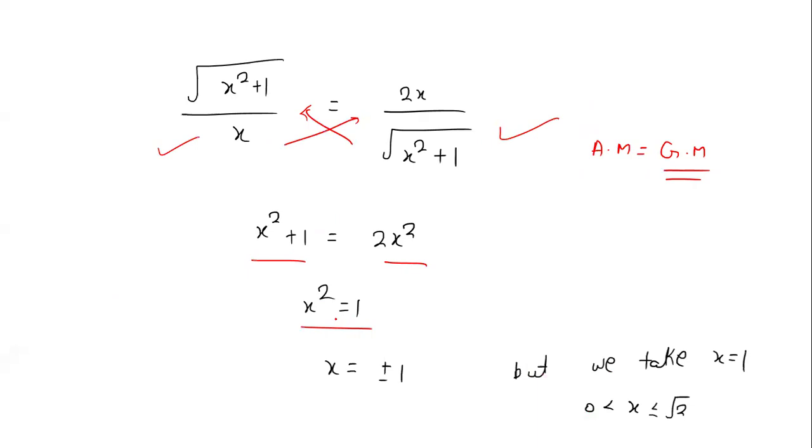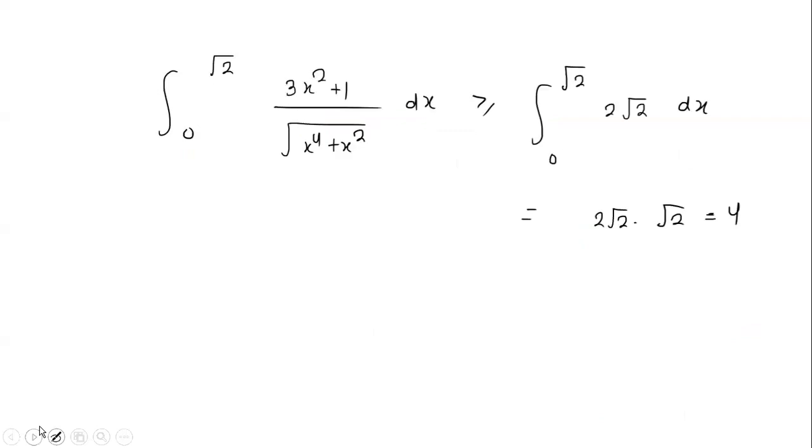So from here you get x² = 1 and x = ±1. But we take only x = 1 because we know our x is lying between 0 to root 2. From this we can see that the minimum value is occurring at x = 1, which is lying inside our range of x.